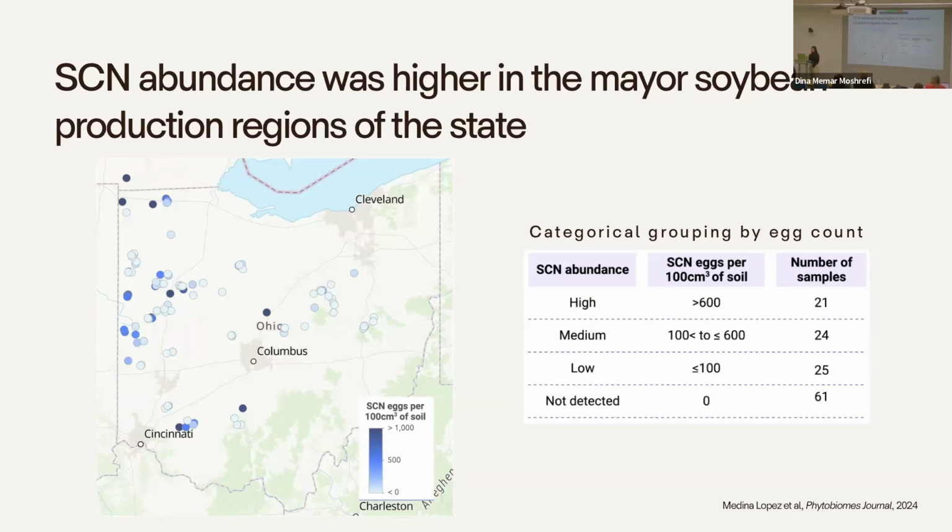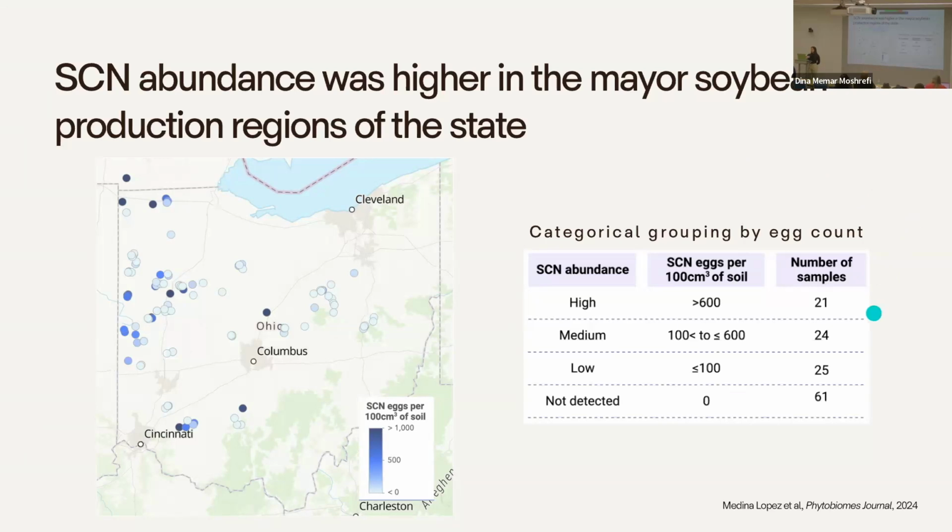So for the rest of this presentation, I'm going to be talking about soybean cyst nematode abundance in terms of categorical values, instead of using the specific number of soybean cyst nematode eggs that we found in the sample.